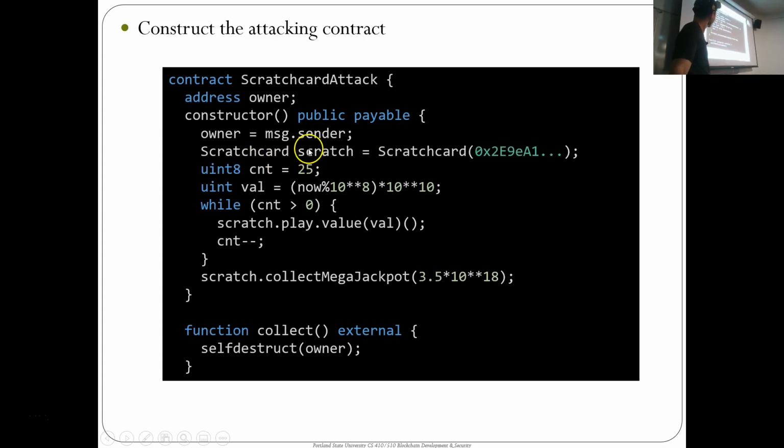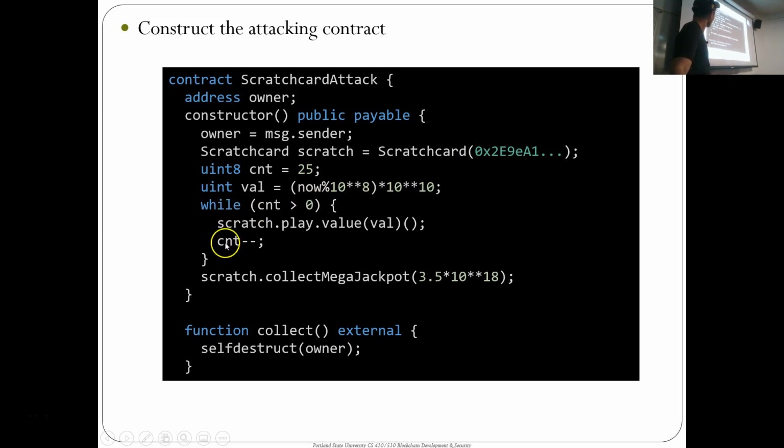And then here is a variable. I have to win this thing 25 times in a row, and this is all done in the constructor. So the entire attack has to happen in the constructor. Then I create the value that's going to win me this scratch card, and that's basically deterministic, pulled straight out of the scratch card code.